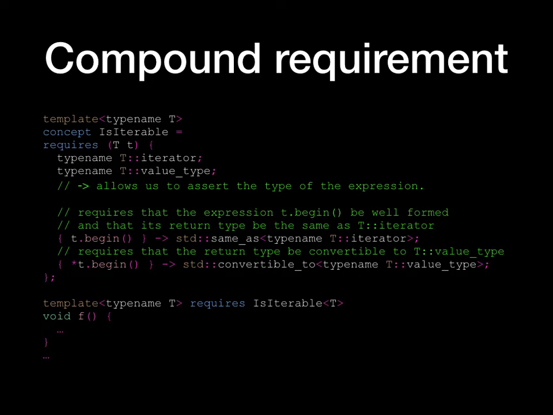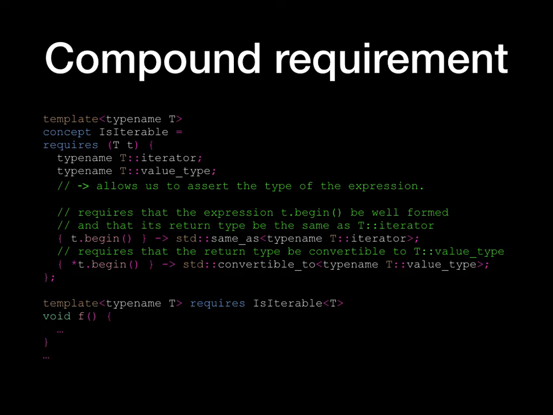We also make sure that dereferencing that iterator t.begin gives us a type that is convertible to T::value_type. So our value type is int, but dereferencing t.begin will actually give us a reference to int, which is not exactly the same as our value type, but a reference to int is convertible to an int by copy, so that works as well.